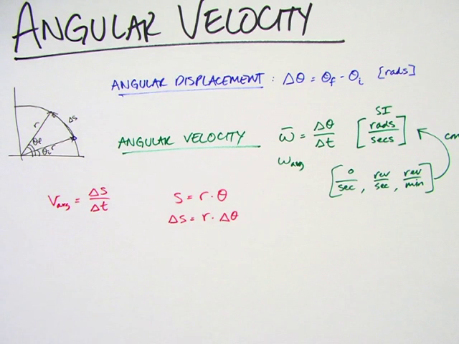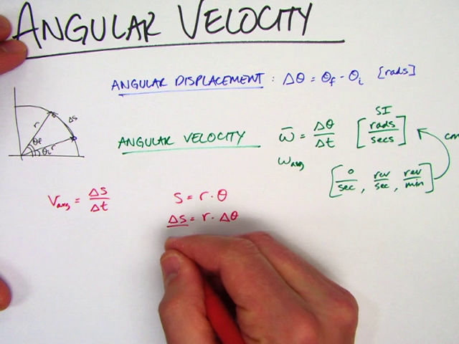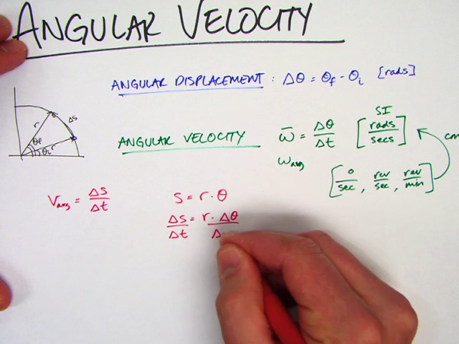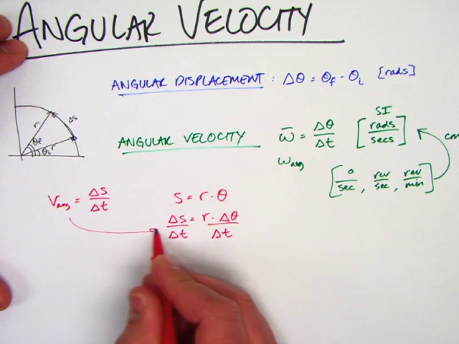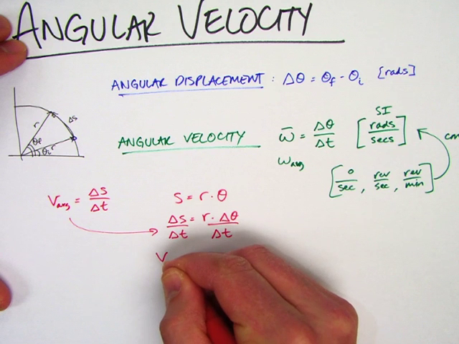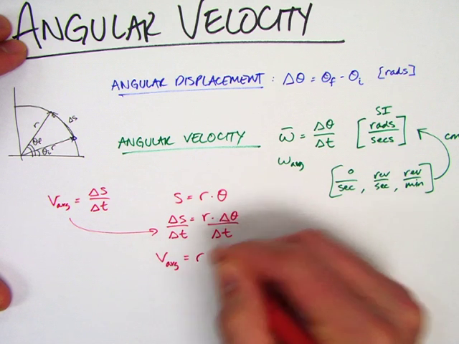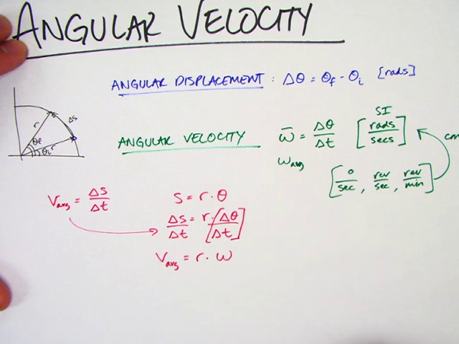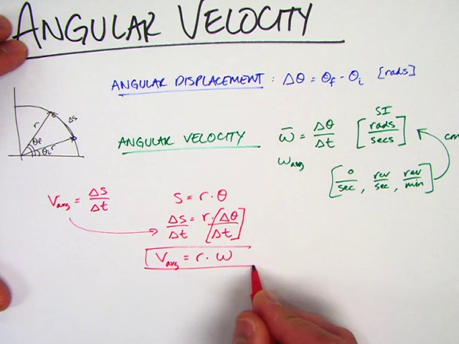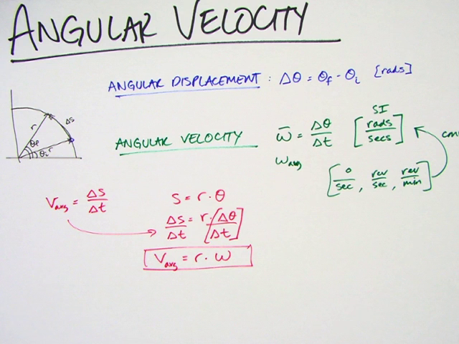So if I look at how quickly my arc length is changing as a rate over time and divide both sides by delta t, I'm left with delta S over t, which is just my linear speed, equal to R times my angular velocity. So the linear speed of an object moving in circular motion is related to its angular velocity by R times omega.